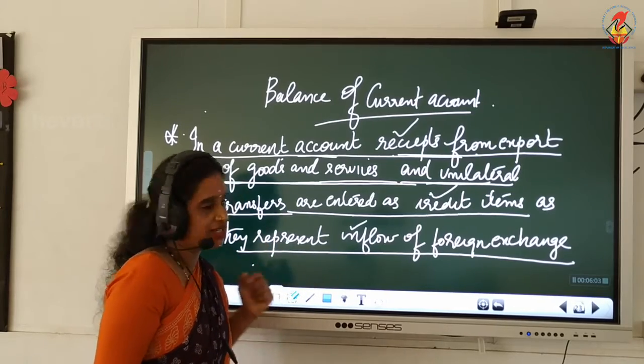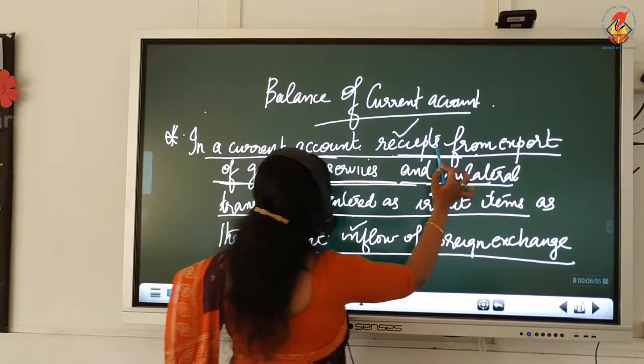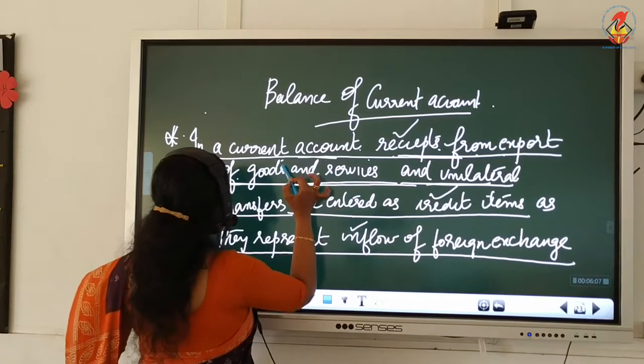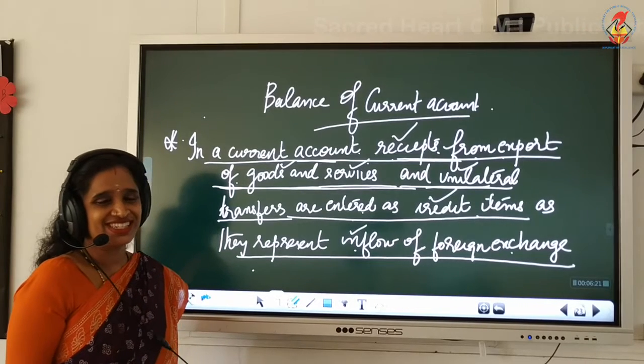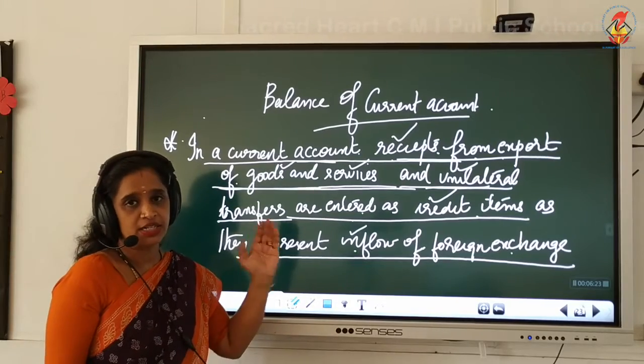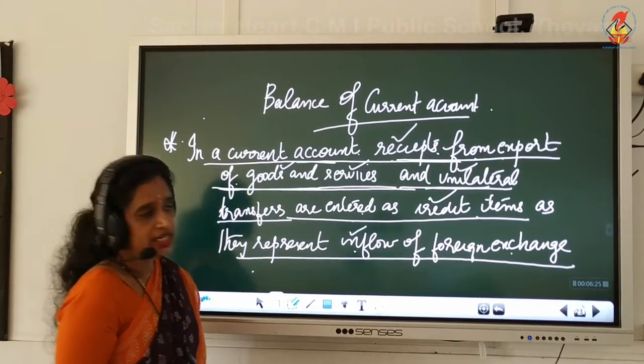That is what I have written here. In a current account, receipt from export of goods, visible items, services, invisible items and unilateral transfers will be entered as credit items because they represent inflow of foreign exchange. That is the first step concerned with the balance of current account.